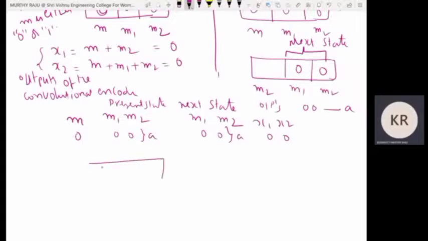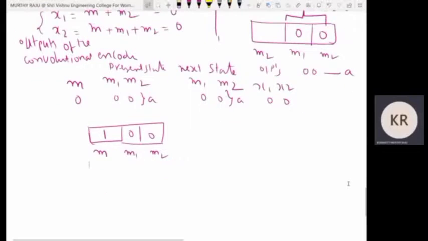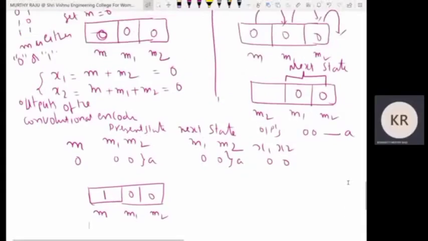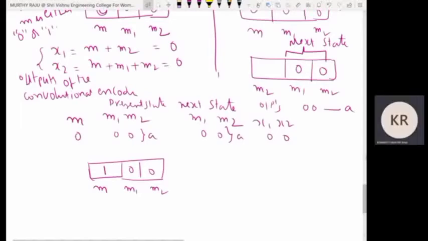The convolutional encoder is in state A, M1, M2 are 00, but the M value is changed from 0 to 1. Initially, we considered M equal to 0. Now we will consider M equal to 1 before shifting.